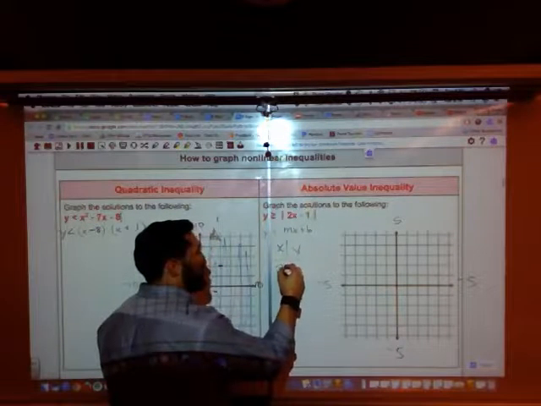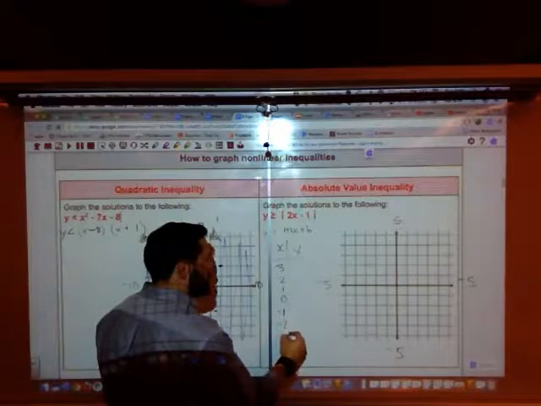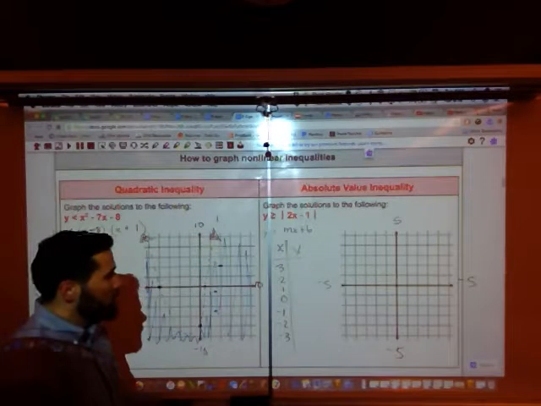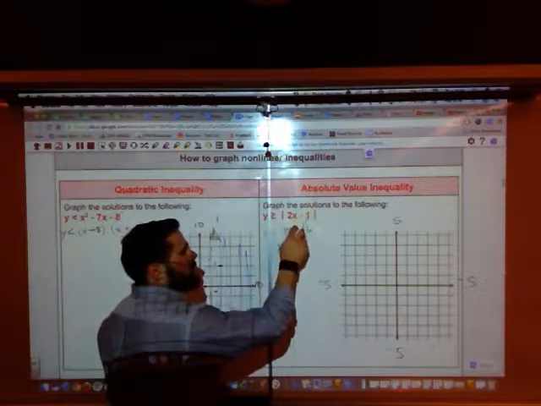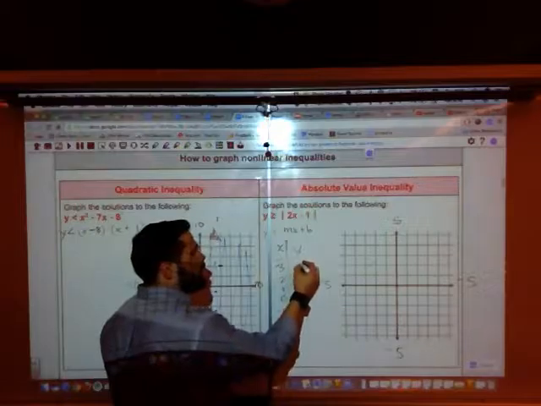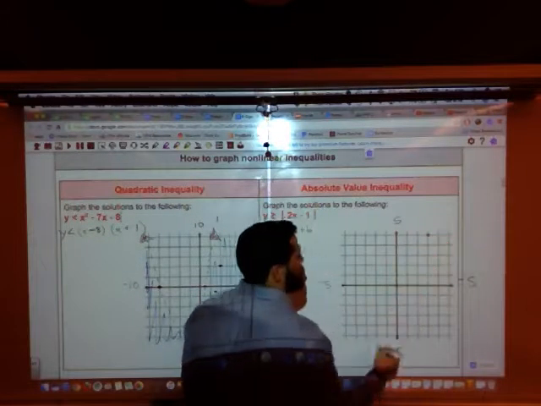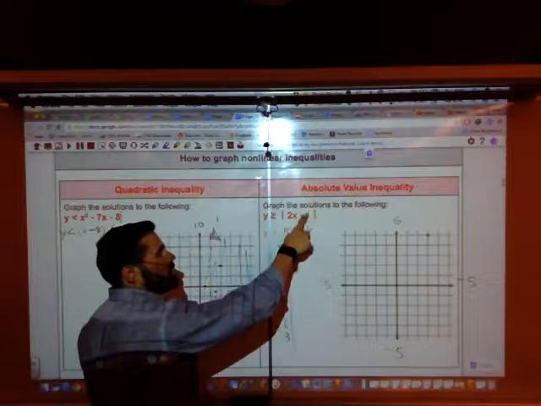So I'd probably want to plug in some positive numbers, and some negative numbers, so I see what's happening here. If I plug in a 3, that would be 6 minus 1, which is 5. The absolute value of 5 is 5. So I have 3, 5. With 2, that would be 4 minus 1, which is 3.